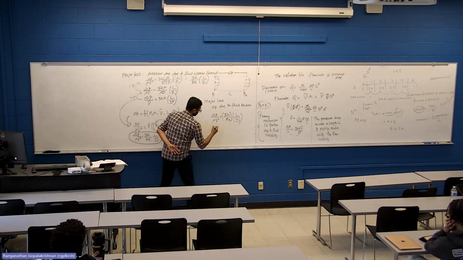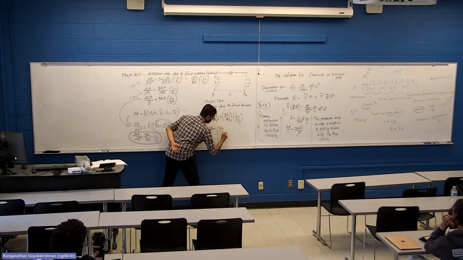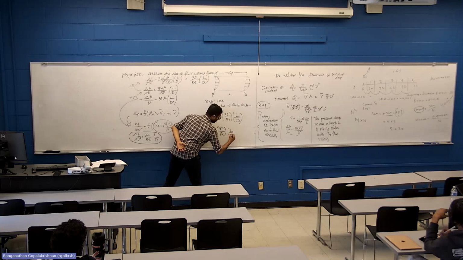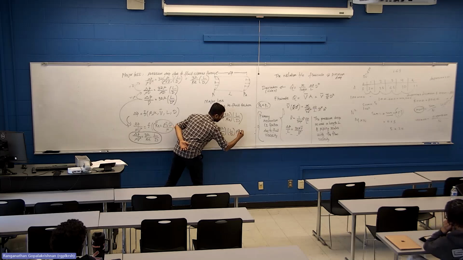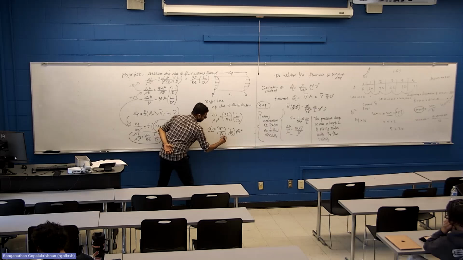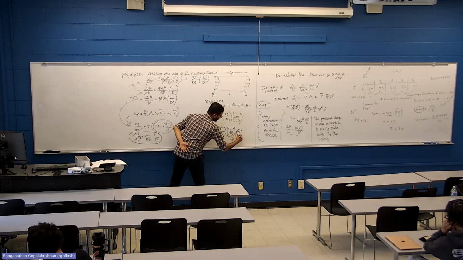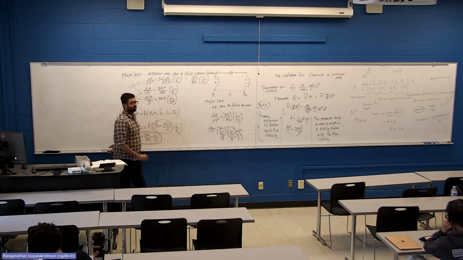You would take this to the other side: 32 divided by Reynolds number multiplied by L over D multiplied by rho V squared. So to know delta P, you need to know Reynolds number, you need to know length expressed in multiples of the diameter, and you need to know density and the average velocity to compute this.